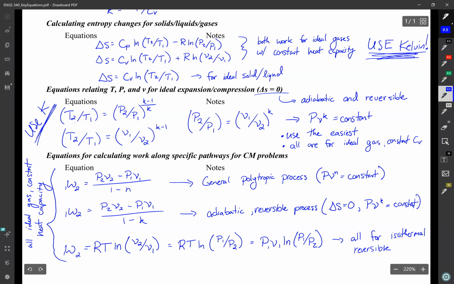That's isothermal reversible, a general reversible polytropic process. So all of these are for reversible processes. So that's kind of the summary.